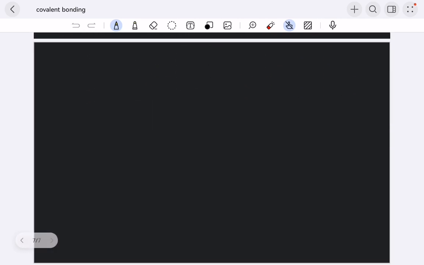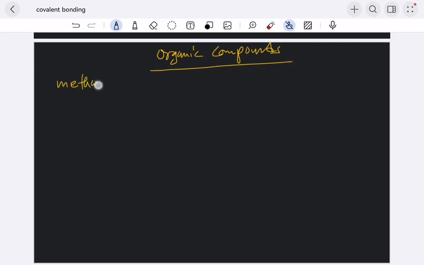So this is very important when we are looking especially at organic compounds. For example, I'm given methane. So methane is presented like this.